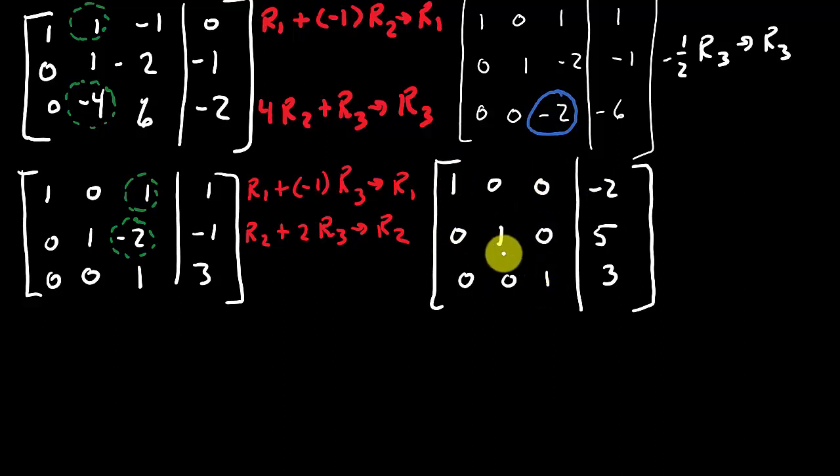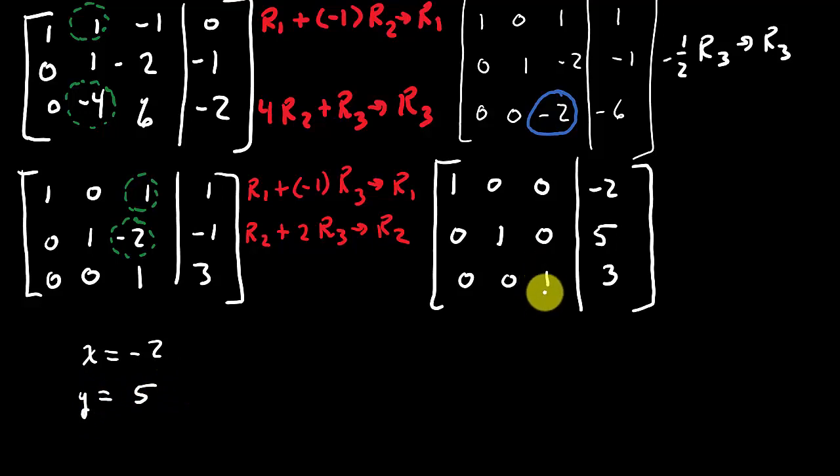So now we can come over here and write our final answer. So that's going to give me, well, this is x. So that's x equals -2. Okay. And then this is the y column, so that's y is equal to 5.